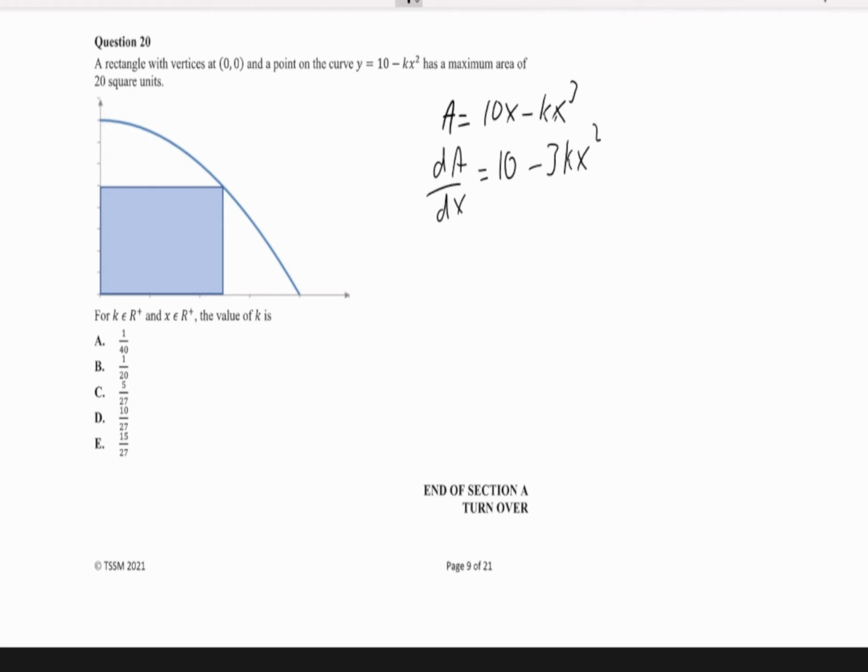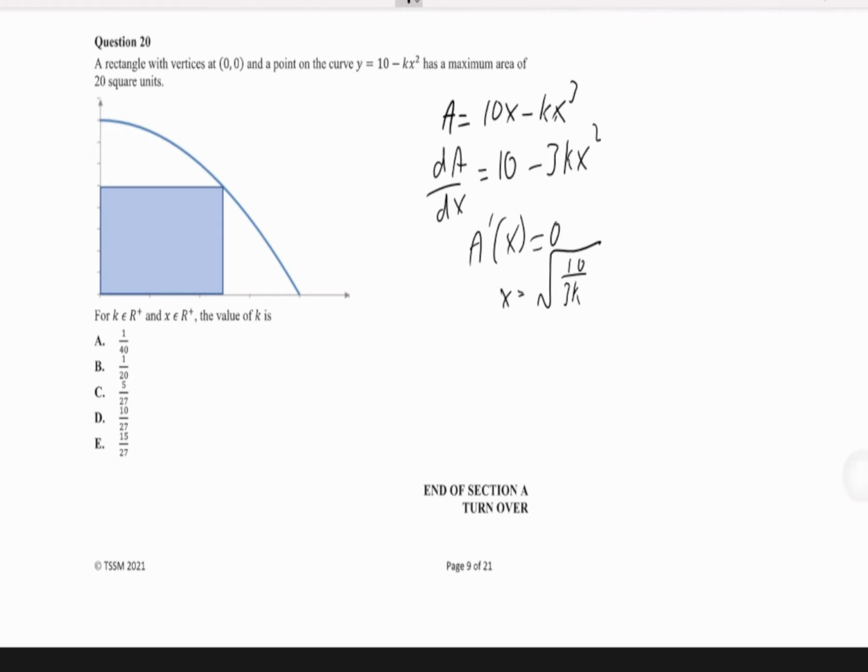And to find the x value that gives you the maximum area, you would equate A dash x to 0, and you get x equals root 10 on 3k.